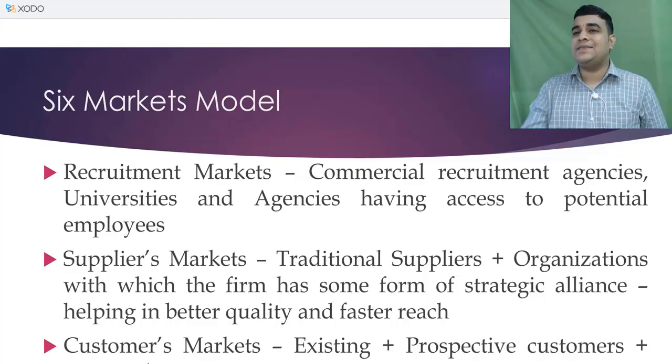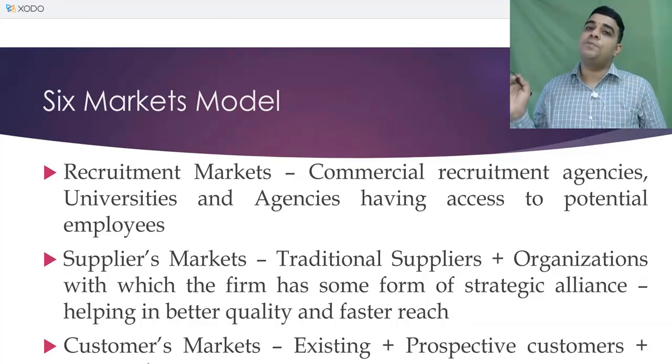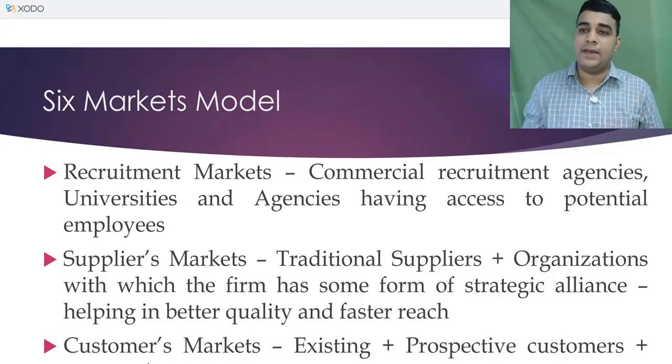In the supplier market, they are saying there are 2 types of supplier. One is the traditional supplier. Some 10-15 years back, the supplier was not considered to be a key stakeholder.